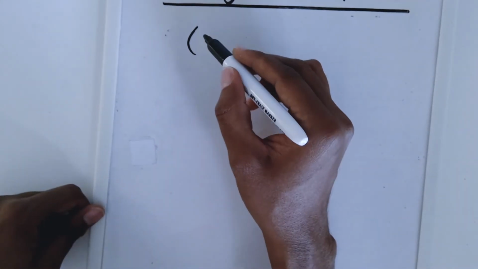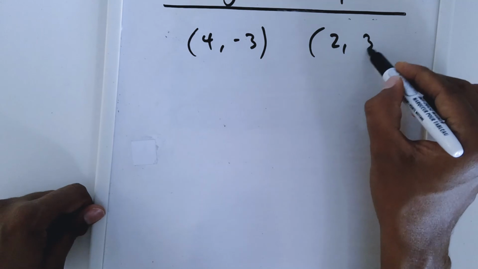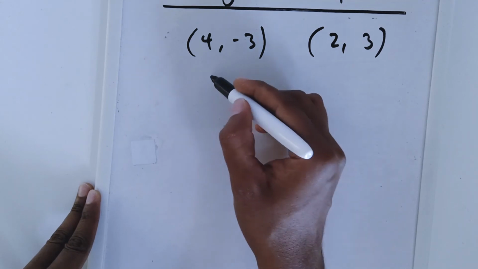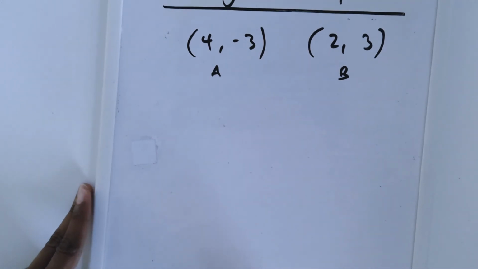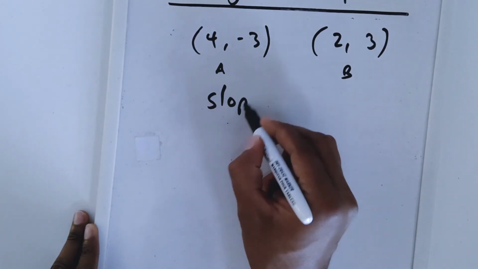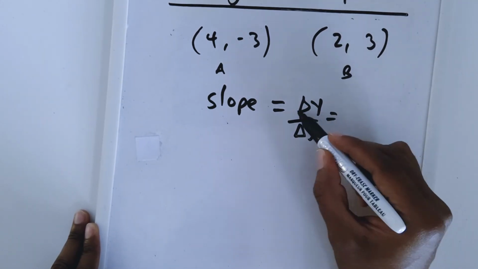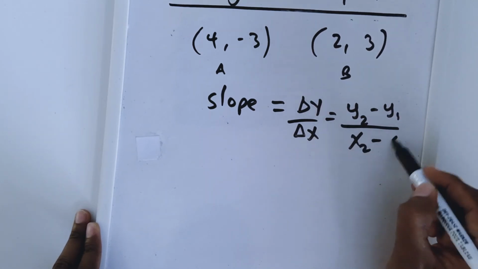Okay, let's do one final example to explain this further. So you have point 1 as 4 and negative 3, and the other point is 2 and 3. In order to find the slope of these two points, say this is point A and that is point B, we said slope is equal to delta y divided by delta x, and we said this means y2 minus y1 divided by x2 minus x1.